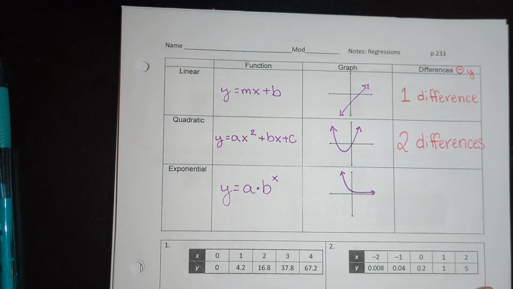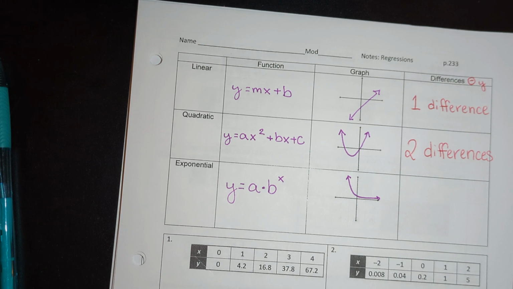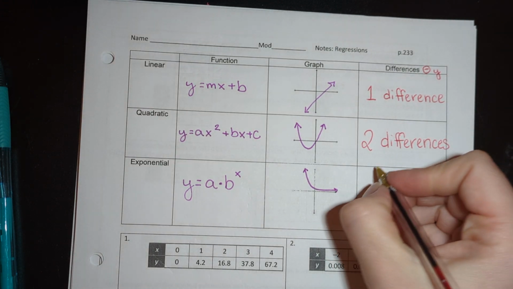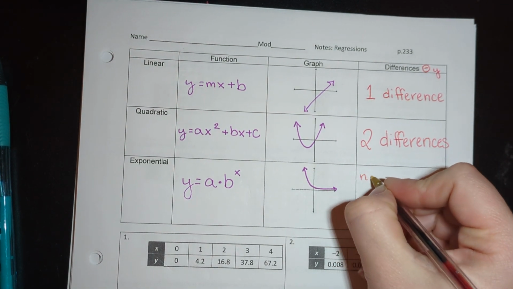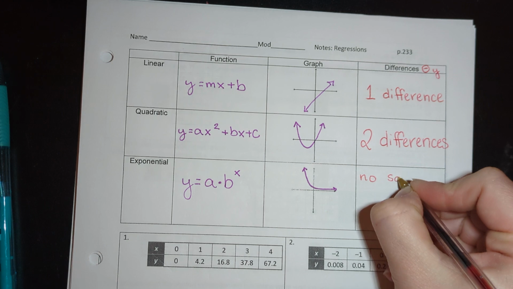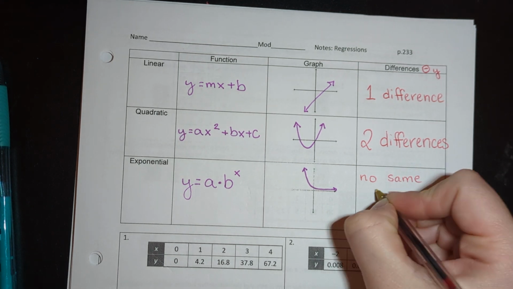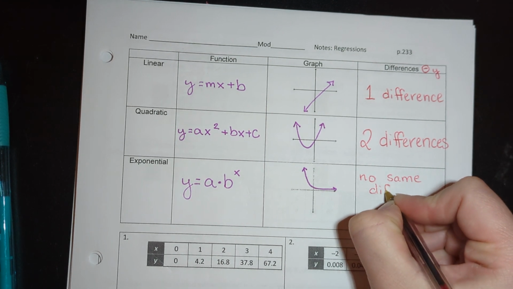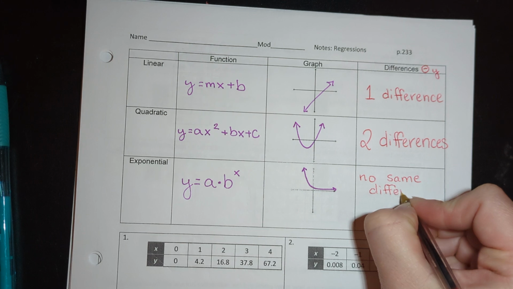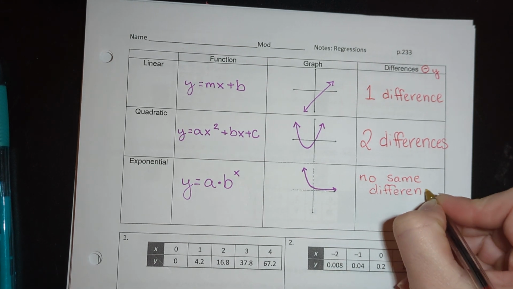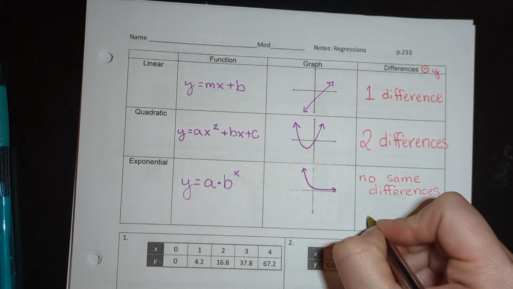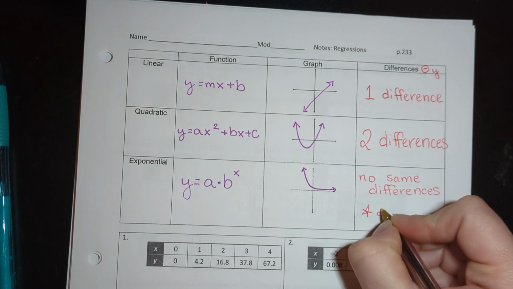Now, exponential is the weird one. It doesn't work at all. There will be no same differences, but this one's special. Instead of subtraction, you will actually be able to divide.